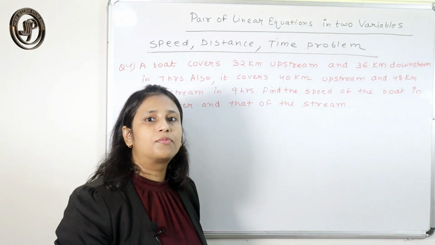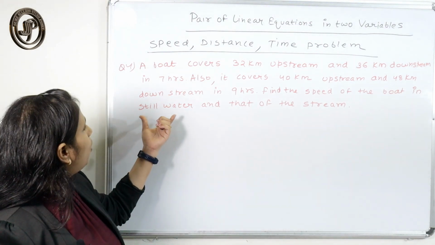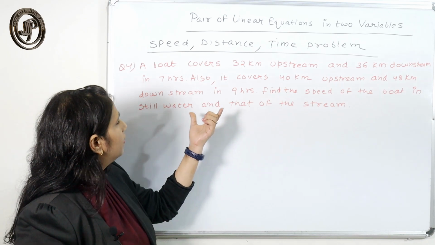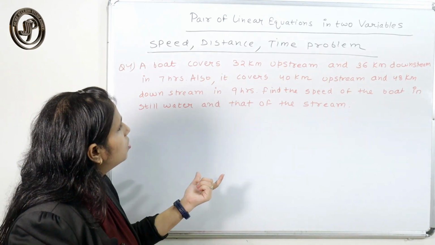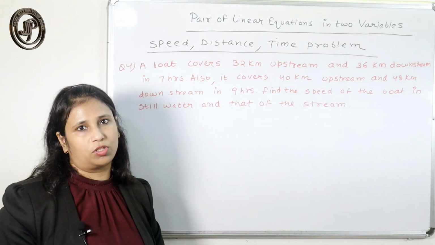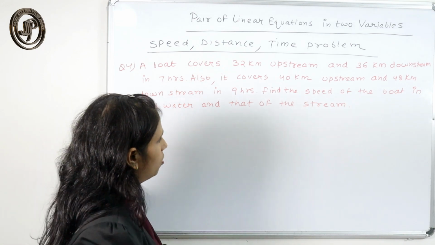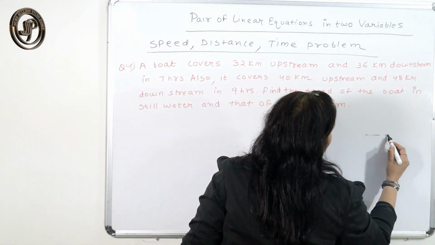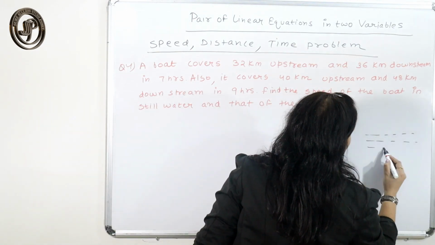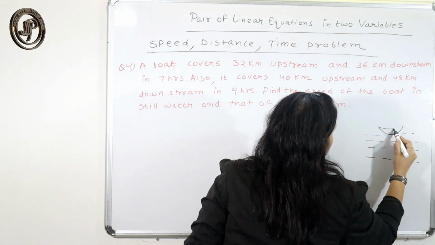So what is upstream and what is downstream? Here there are 3 or 4 speeds: the upstream, downstream, speed of the boat in still water, and speed of the stream. Speed of the boat in still water, what do you mean by that? Suppose this is your water and the boat is there.